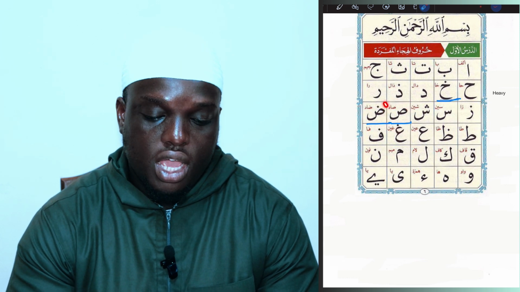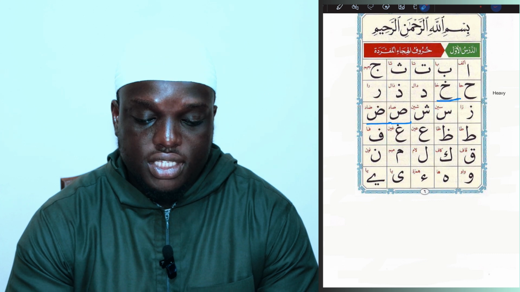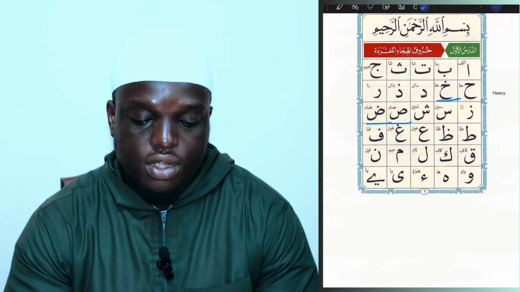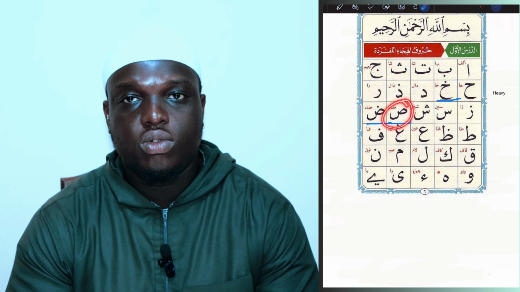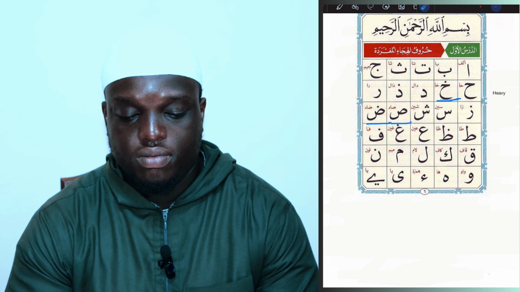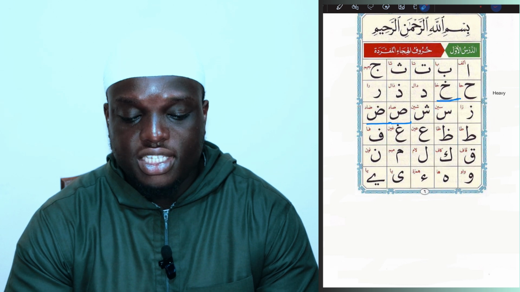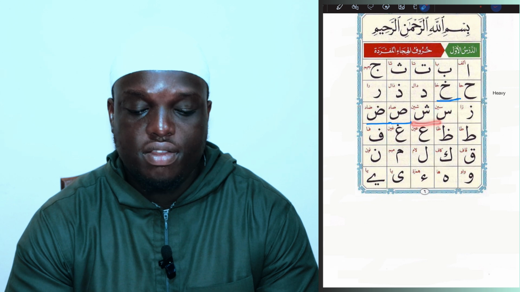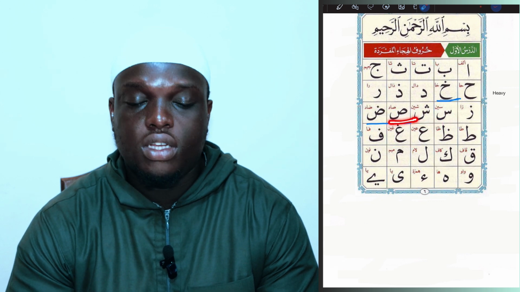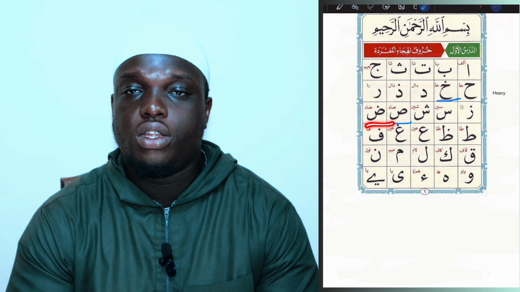Sad and Dad, same shape. However, Dad has one dot on top. Sad has no dots. So again, repeat after me one last time. Seen, Sheen, Sad, Dad.